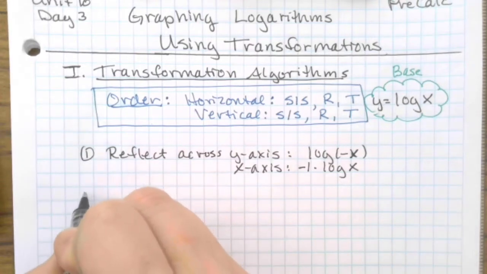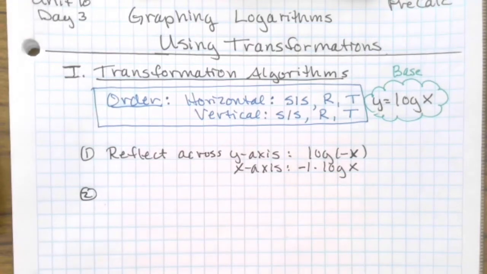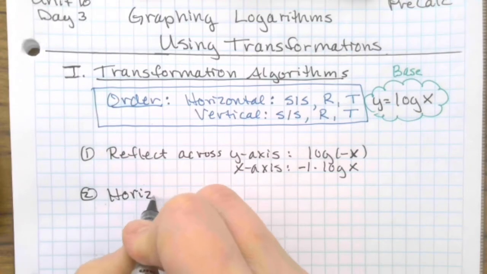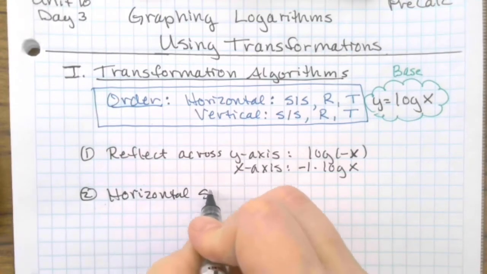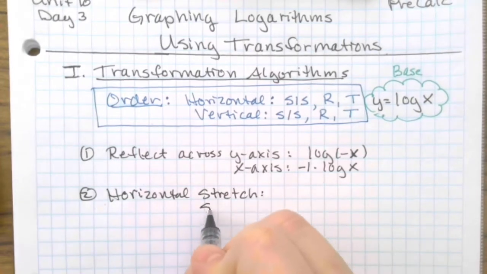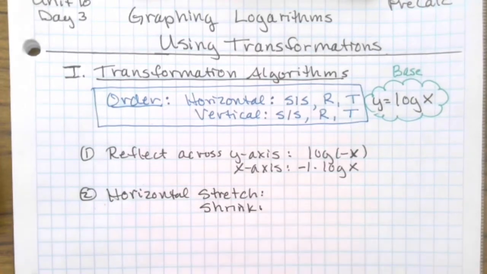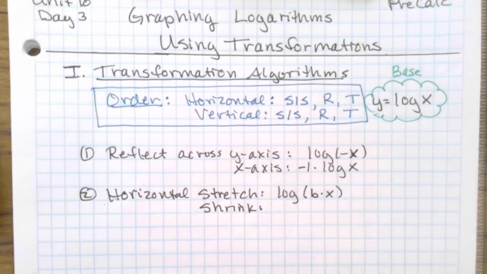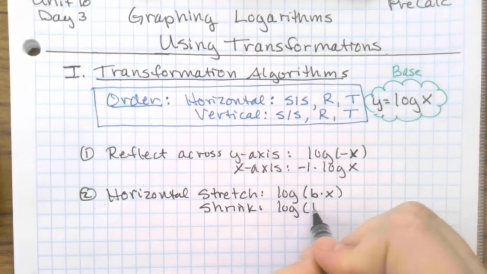Okay, so then number two, let's do stretches and shrinks. So horizontal, we're going to do a horizontal stretch and we're going to do a horizontal shrink. Now, both of these are located in the same place. You're going to have log with a number multiplied by the x in the argument, and that's for both of these.